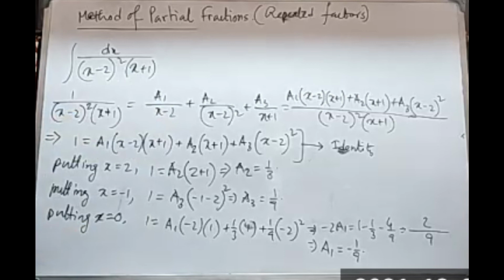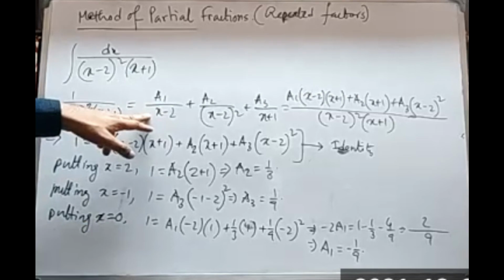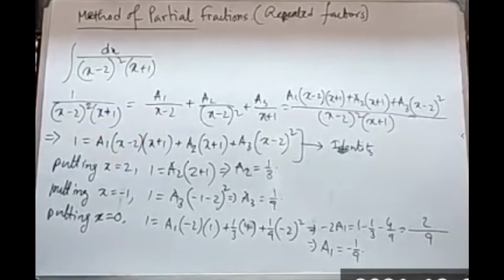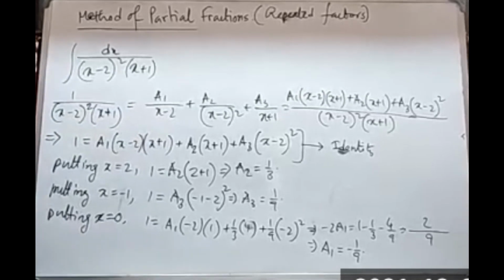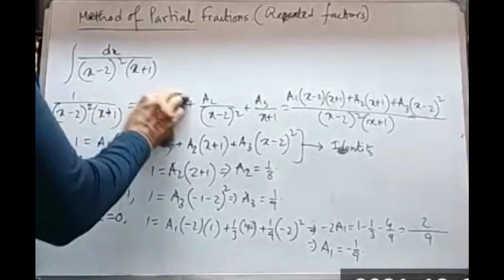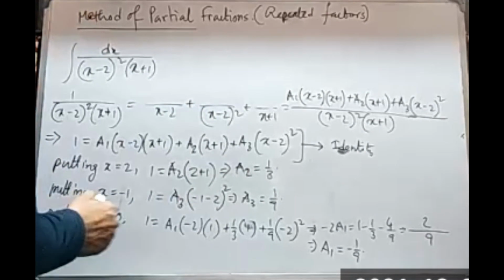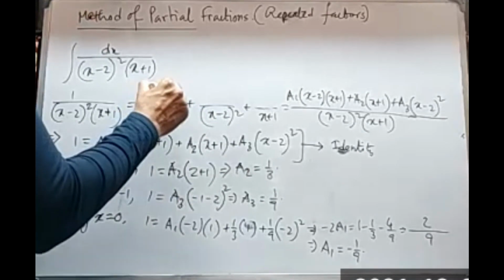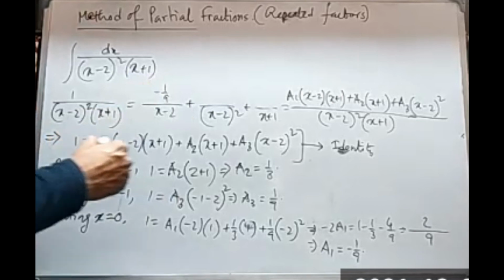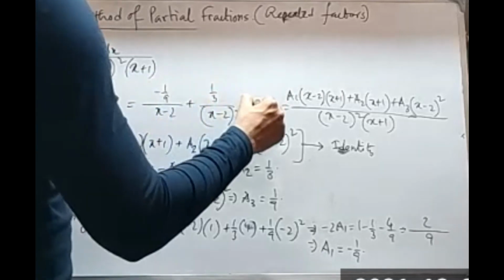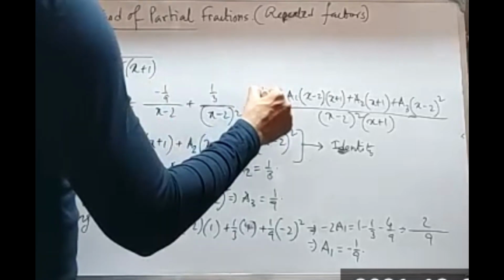So from here, we can put the values of A1, A2, A3 in this line and simply write the integrand. For A1, we are writing minus 1 by 9. For A2, we are writing 1 by 3. For A3, we are writing 1 by 9.